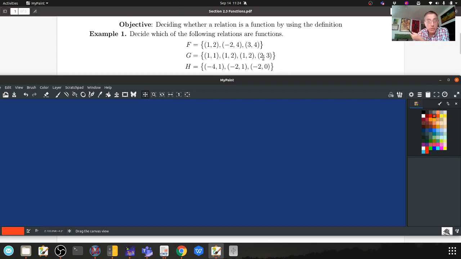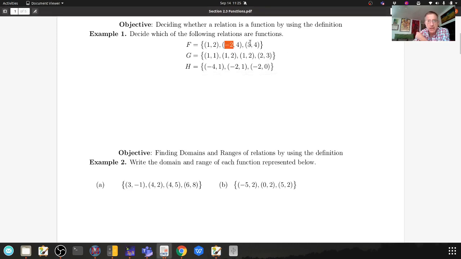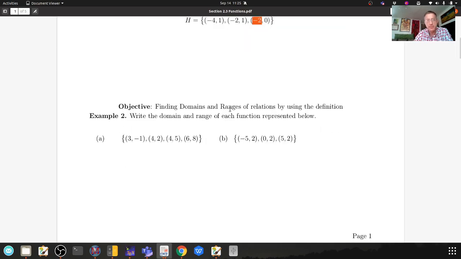So we just visually check. 1 is not repeated, minus 2 is not repeated, 3 is not repeated. So f is a function. Oh, g is not, because 1 is repeated 3 different times. It doesn't matter that it's 3 different times. All I need is the repeat of an x value to happen once. So g is a relation, but not a function. Number h, we have a minus 2 repeated twice, so h is a relation, but not a function.